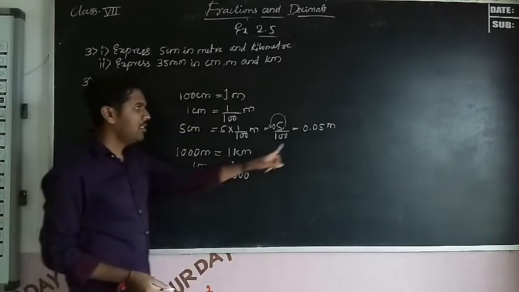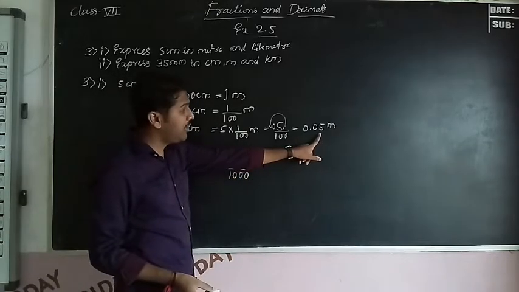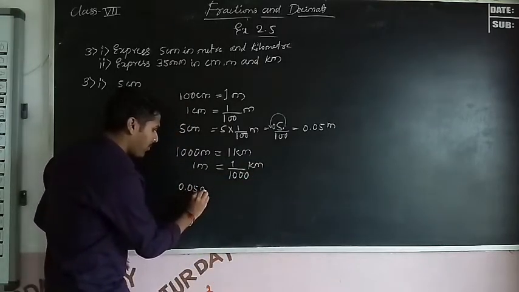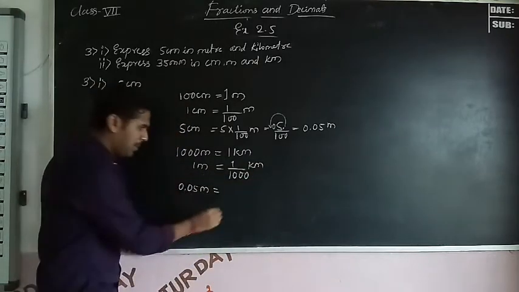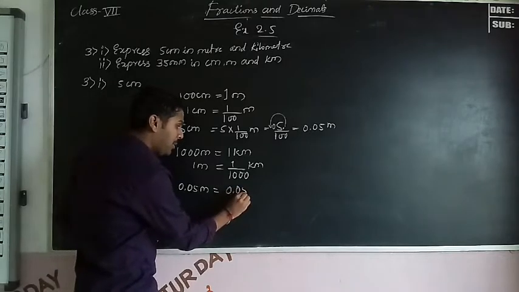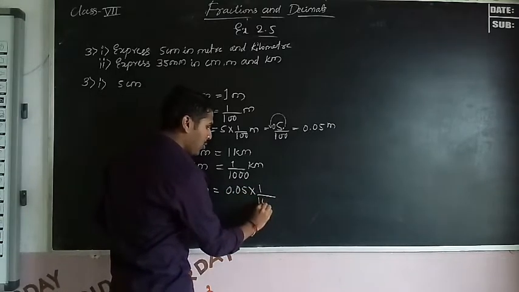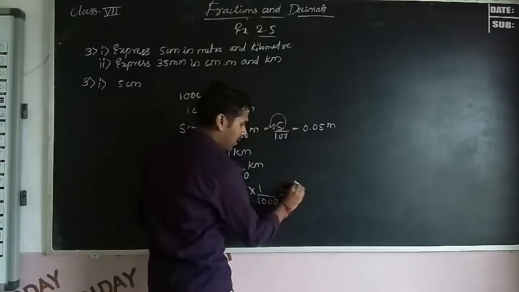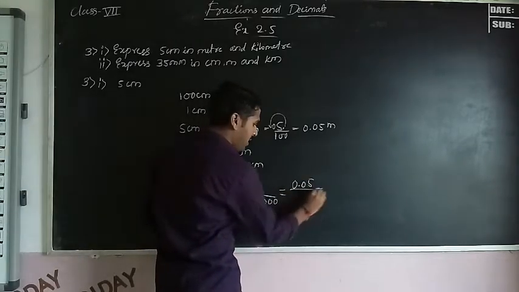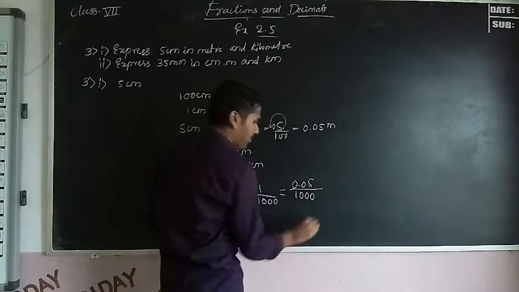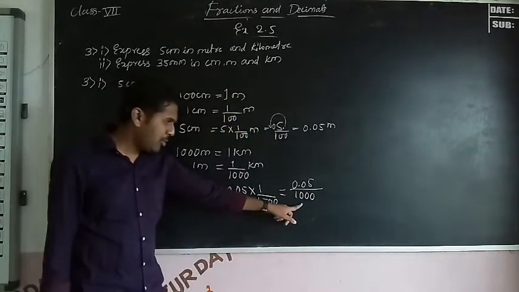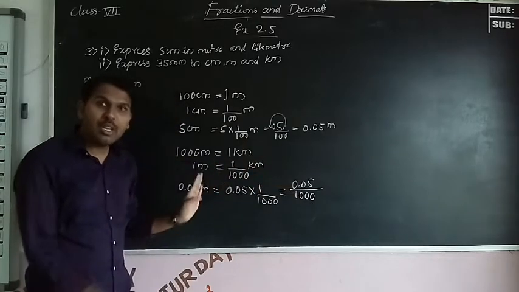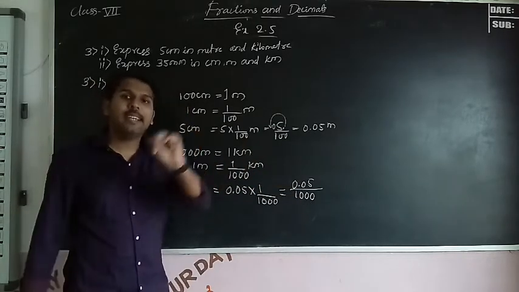You already have 0.05 meter, so just cross multiply 0.05 into 1 by 1000. That is 0.05 divided by 1000. Again, how many zeros? 3 zeros. That means you should shift the decimal point to the left side by 3 places.